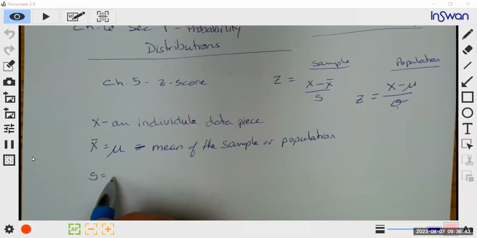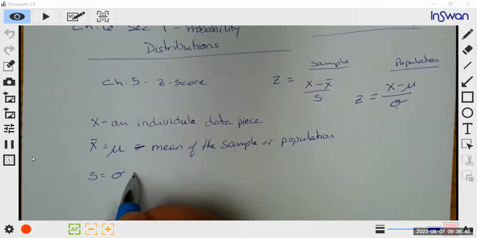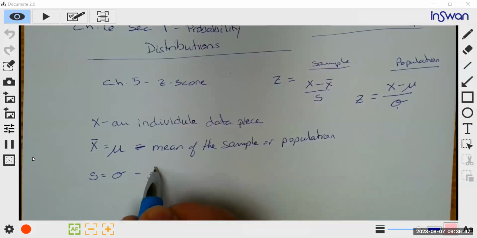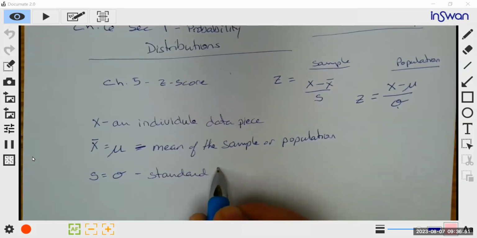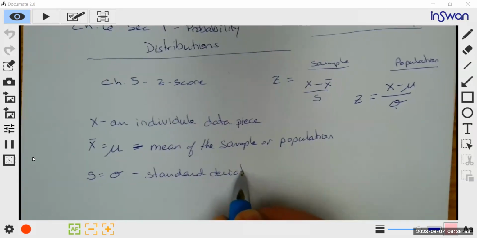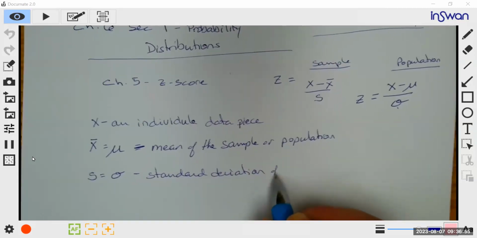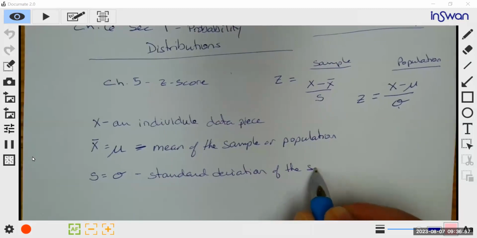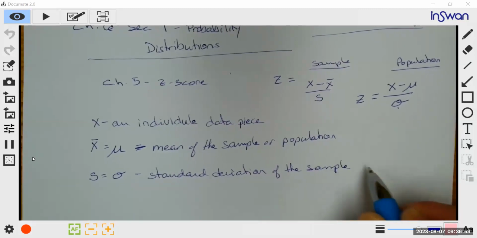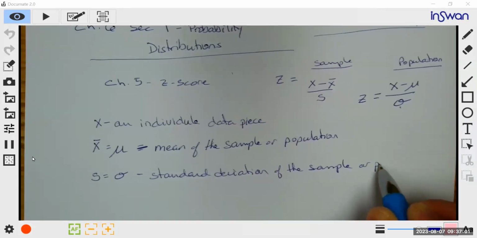And the S or the rho is the standard deviation of the sample or population, respectively.